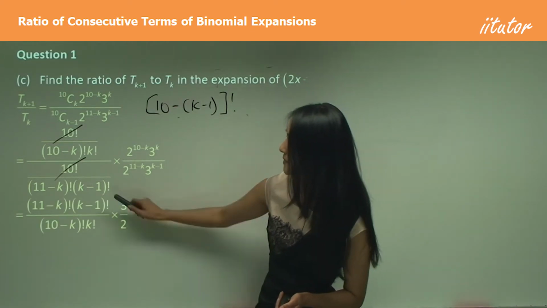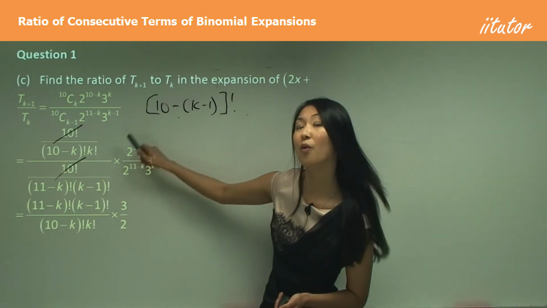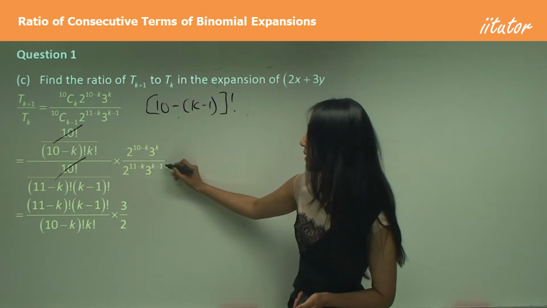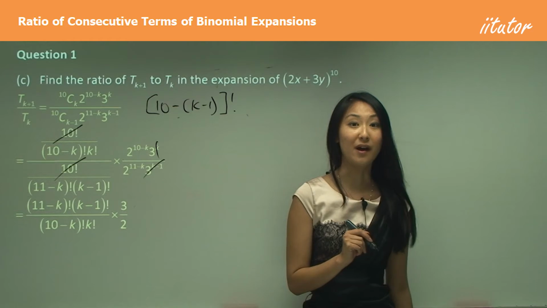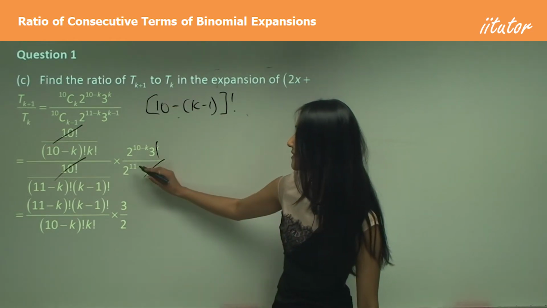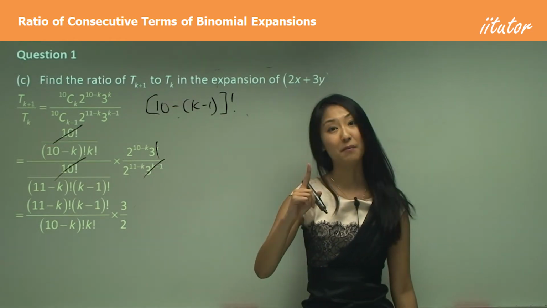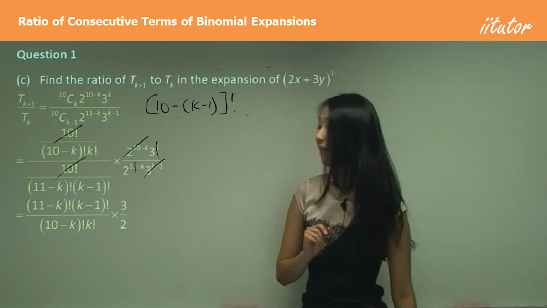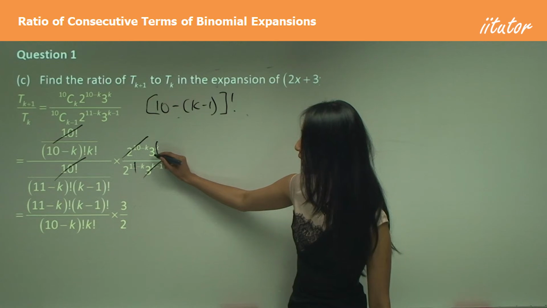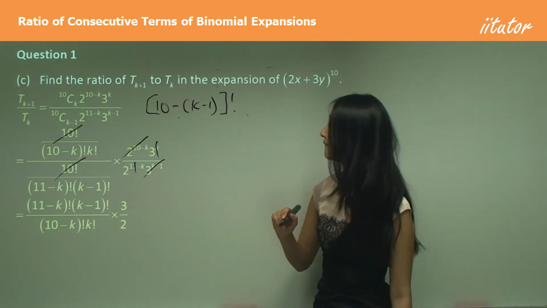So that becomes that on that. Now working with this, k minus 1 is 1 less than k, so that whole thing cancels. That k just becomes 1, right? Whereas 11 minus k is going to be 1 bigger than 10 minus k. So that whole thing cancels and that becomes 1 there. So that's why you get 3 on 2, all right?